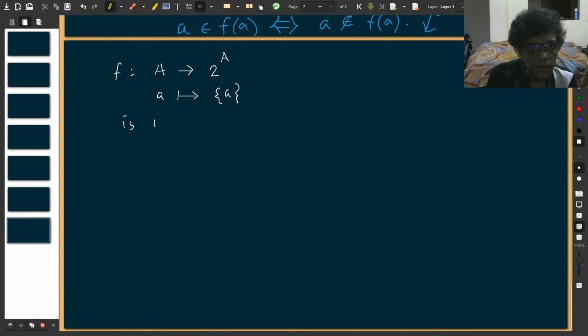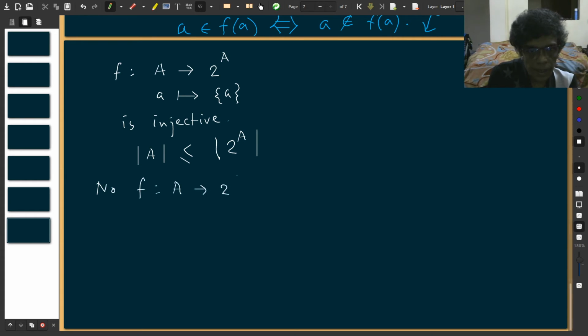This is clearly injective, which implies the size of A is less than or equal to the size of 2 power A. But no f from A to 2 power A can be bijective, which implies that this set is strictly larger than this set.